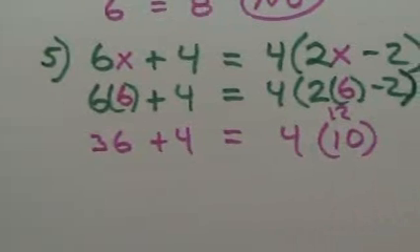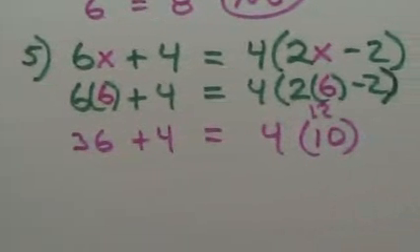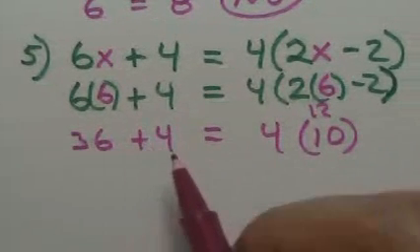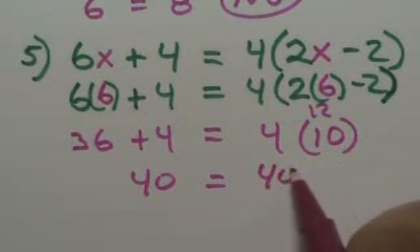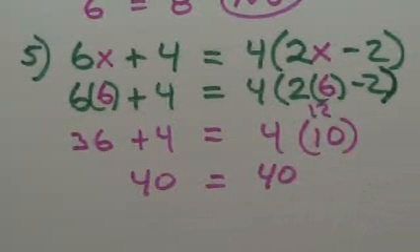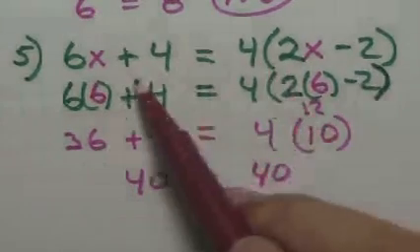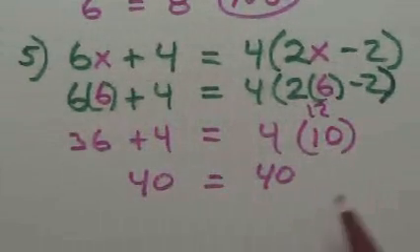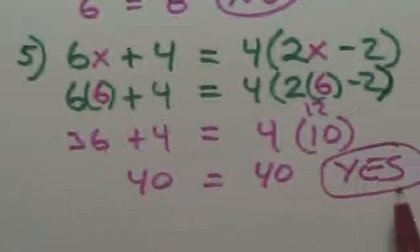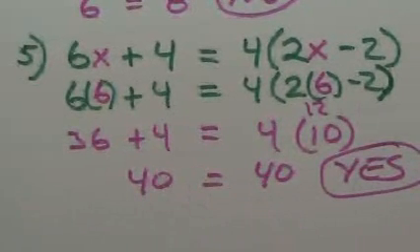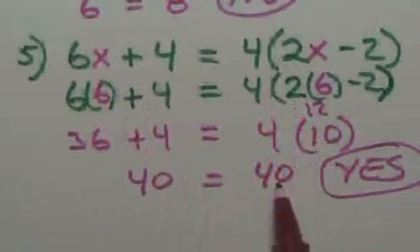So we have 4 times 10. 36 and 4 is 40. And 4 times 10 is 40. So the question is, does 6 work for this? Yes, it does. The answer is yes. It is a solution. It is the answer. We know that because the left side equals the right side.